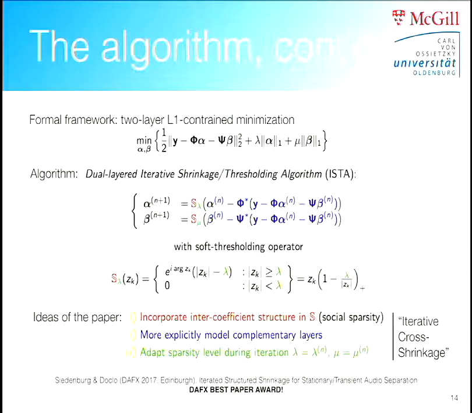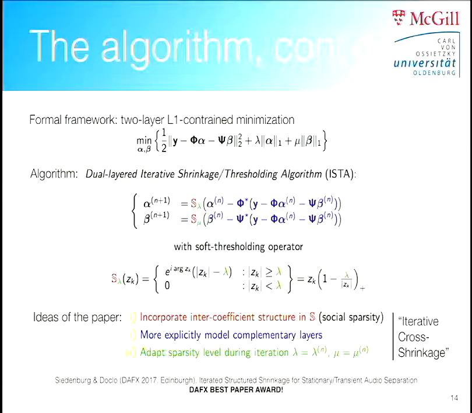We depart from a two-layer L1 constrained minimization problem. The phi and the psi operators here correspond to the synthesis operators of short-term Fourier transforms with long and short analysis windows, respectively.